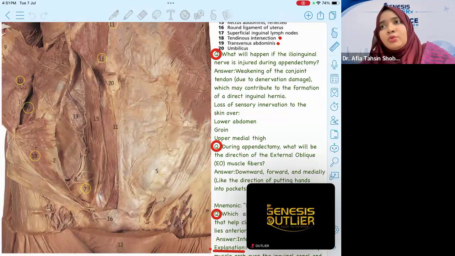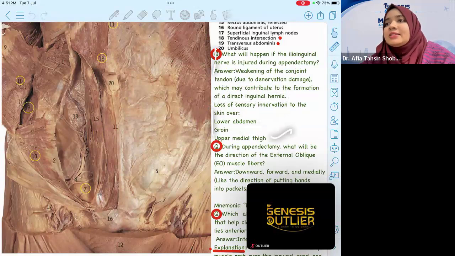So if the ilioinguinal nerve is damaged, why is there a problem? Due to weakening of the conjoint tendon. And what will happen then? As a consequence, direct inguinal hernia can happen, okay. And another consequence is loss of sensory innervation to the skin over lower abdomen, groin, and upper medial thigh.